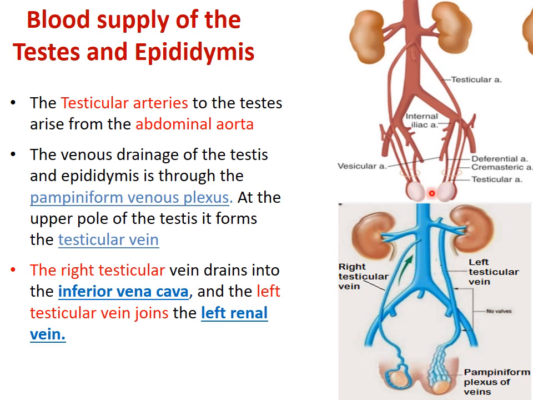Just like the testicular artery, here we have the testicular vein. The left testicular vein does not open into the inferior vena cava, but into the left renal vein. And sometimes in males there is more problem on the left side, with hydroceles and these things, just because the vein is not draining directly into the inferior vena cava, but into a smaller vein, the renal vein.